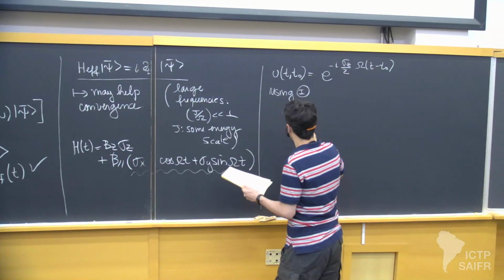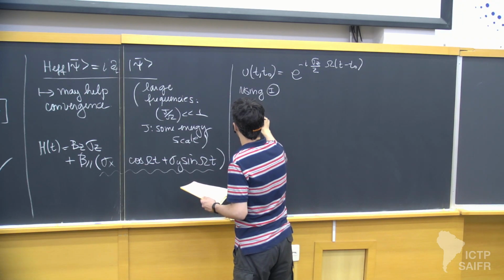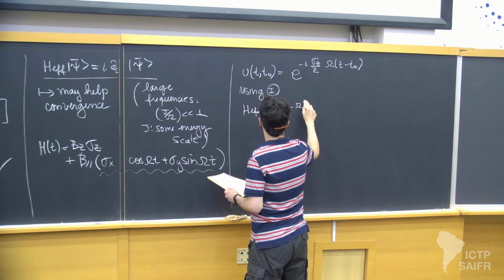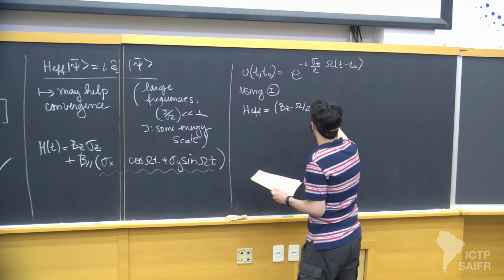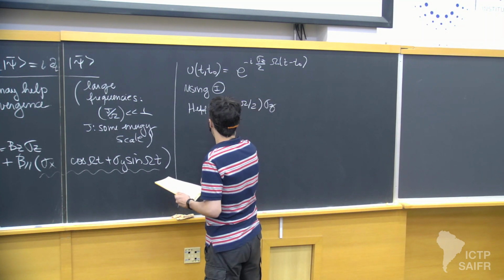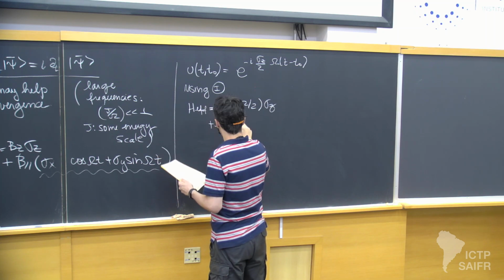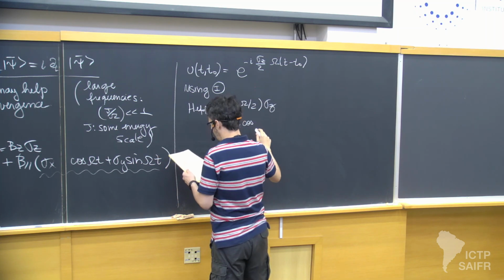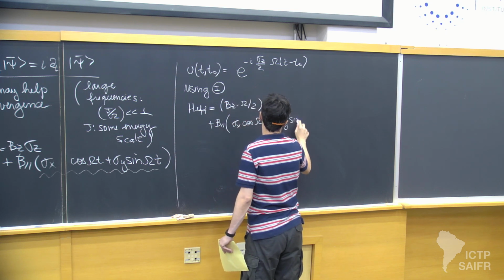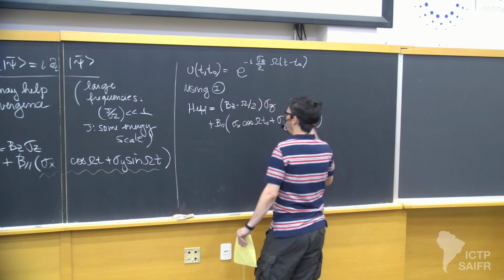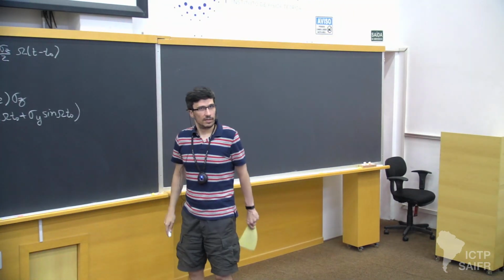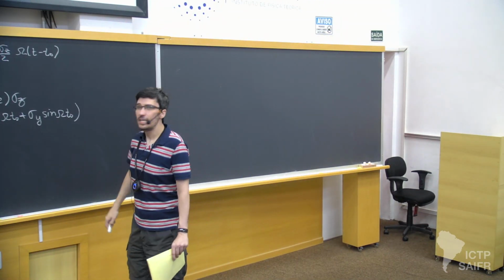You get an effective Hamiltonian that looks like (Bz minus omega by 2) sigma z plus b parallel (sigma x cosine omega t0 plus sigma y sine omega t0). Okay? All right. Completely time independent.